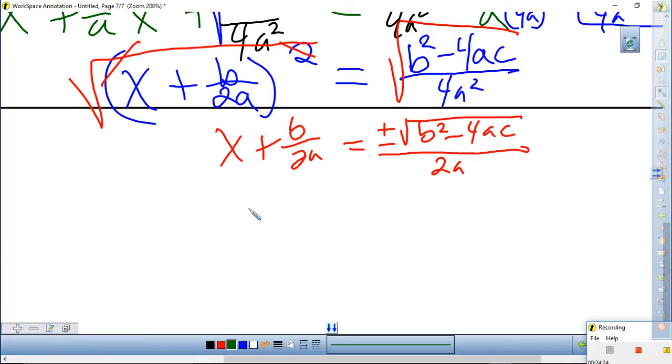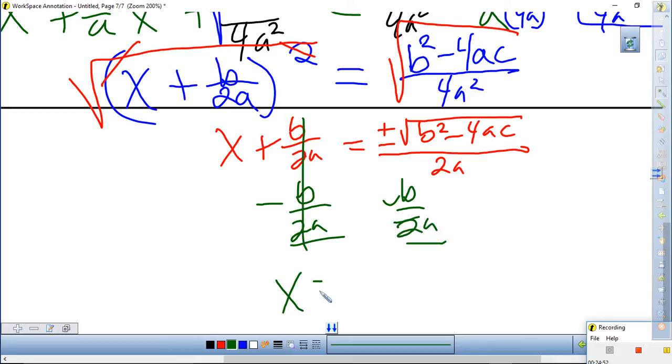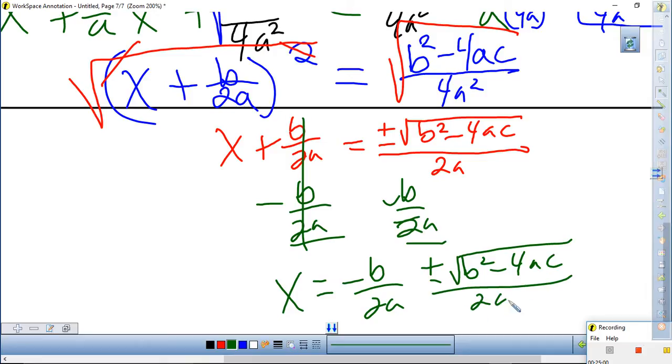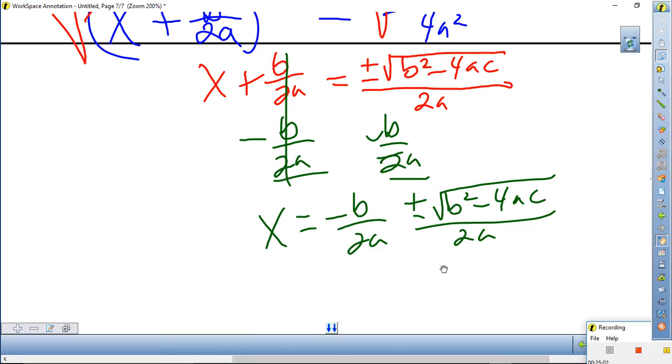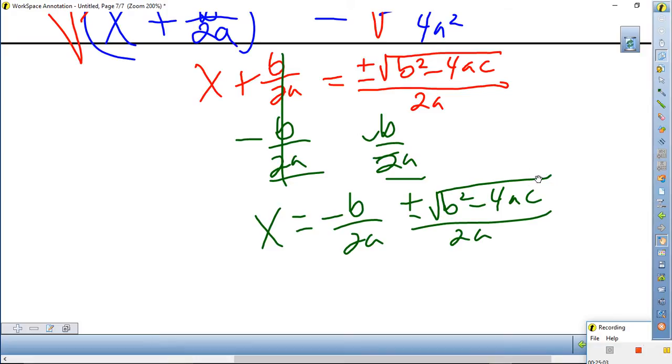Perla. Luis. Subtract b over 2a, subtract b over 2a. We end up with x equals negative b over 2a, and then the other fraction is plus minus square root of b squared minus 4ac over 2a. Now we have two fractions. And my last step, Nathan.